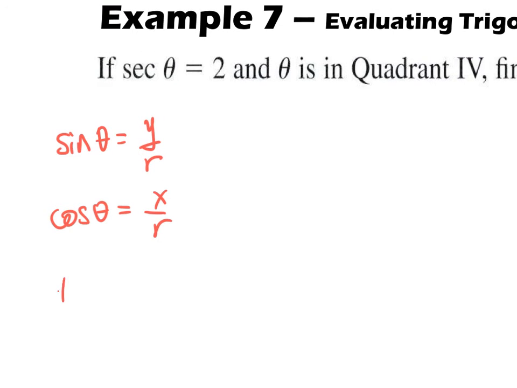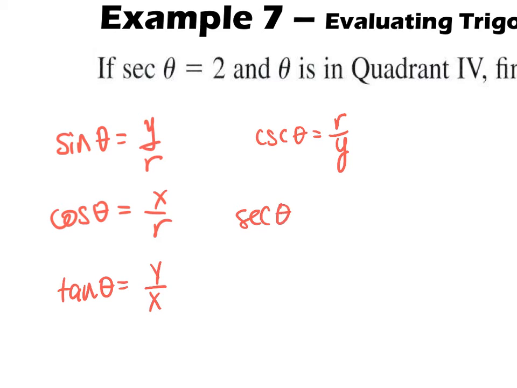Good. Tangent of theta is y over x. Good. So sine, the reciprocal is cosecant, is what over what? R over y. Good. Cosine, the reciprocal is secant, so it's what? R over x. Good. And then cotangent of theta is x over y. All right, we go with that?